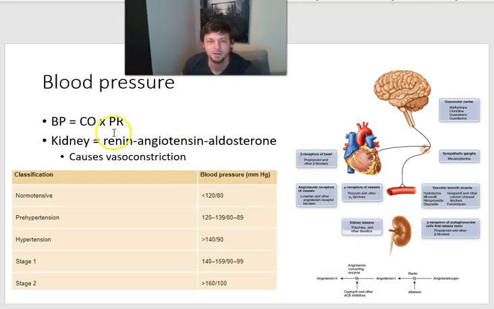If it's low, it's going to cause an increase in renin, which is going to cause an increase in angiotensin, which is a vasoconstrictor, so that's going to raise your BP. And it's also going to work on aldosterone, so you're going to be retaining more sodium, more water, which again can raise your BP.